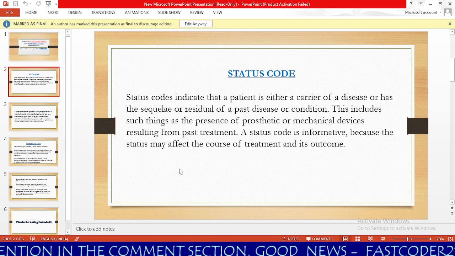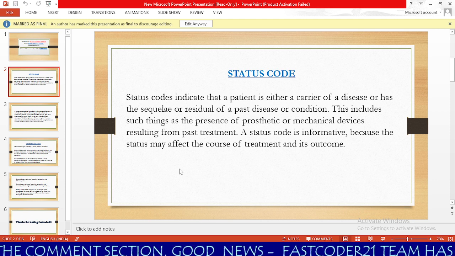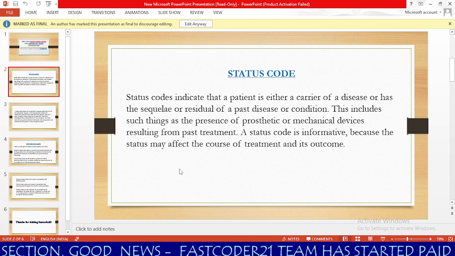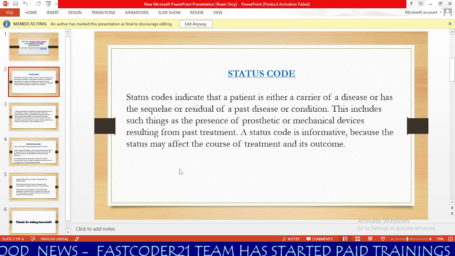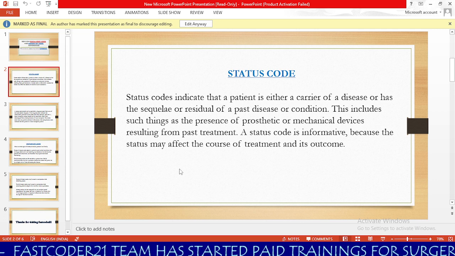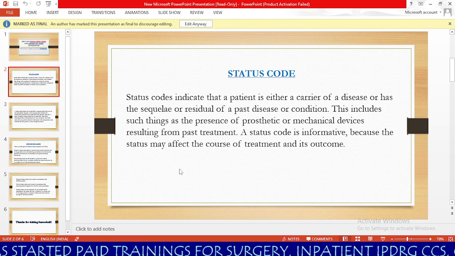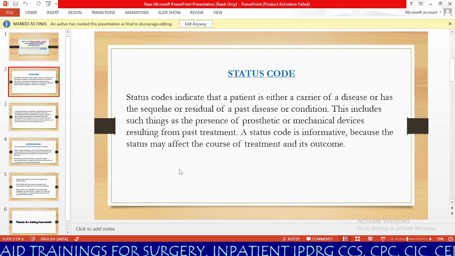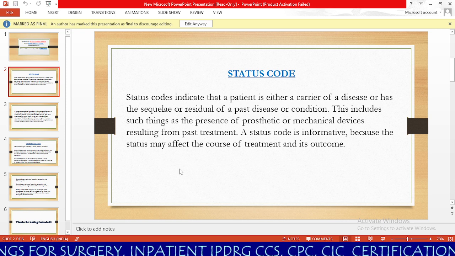At that time we need to give the patient Z95.5 coronary artery stent code, as hypertension treatment is related to the coronary artery stent presence. So here we can give the Z code as a status code in order to let the physician know that the patient has previous coronary artery stenting. Based on that, the physician will provide the appropriate treatment to the patient.